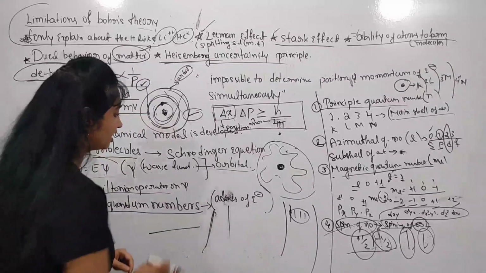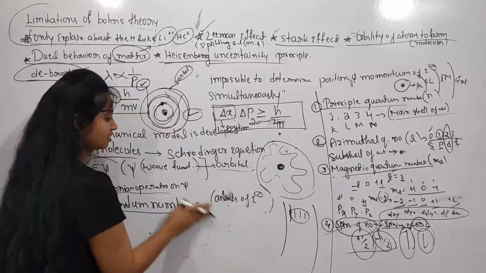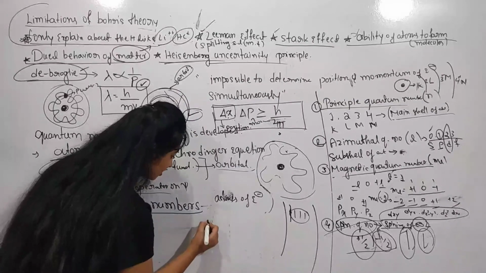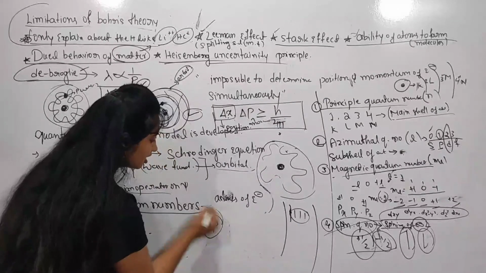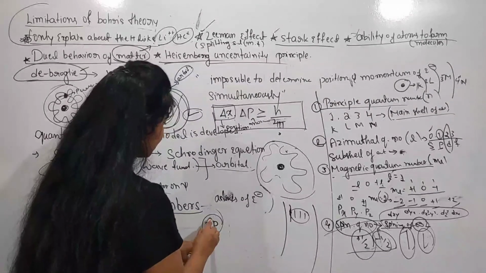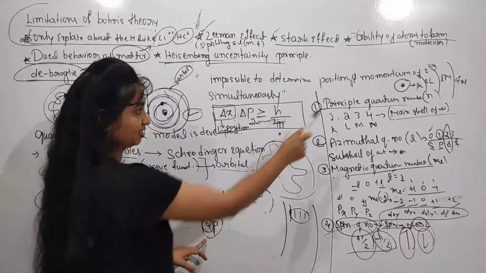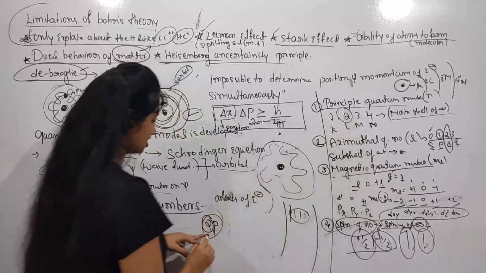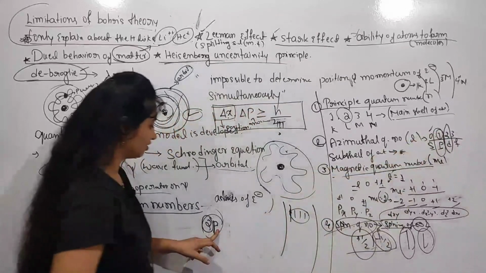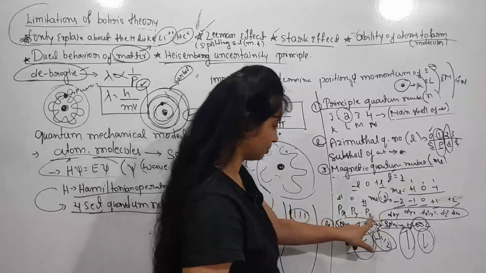So I just wish to explain with one example. If our electron value is 2p, what is the meaning of this 2p? This electron is in the second main shell, and p subshell means l value is 1, and it has 3 orbitals like px, py, pz.